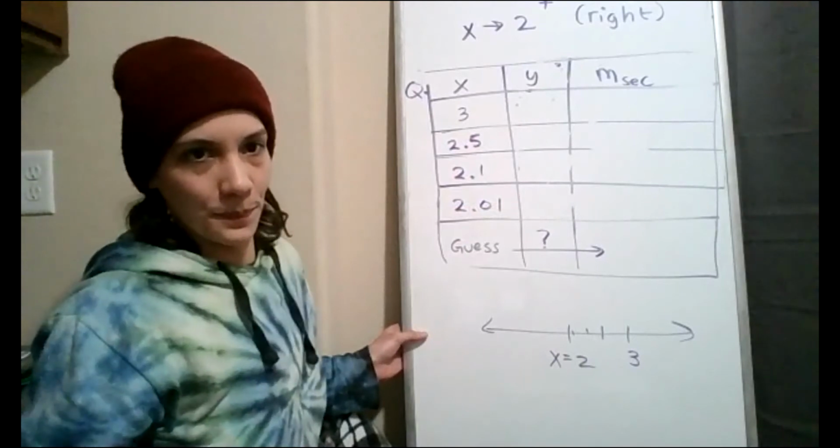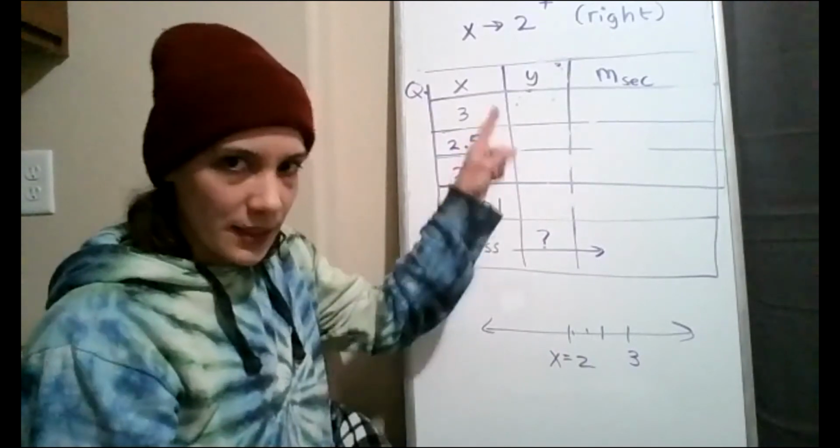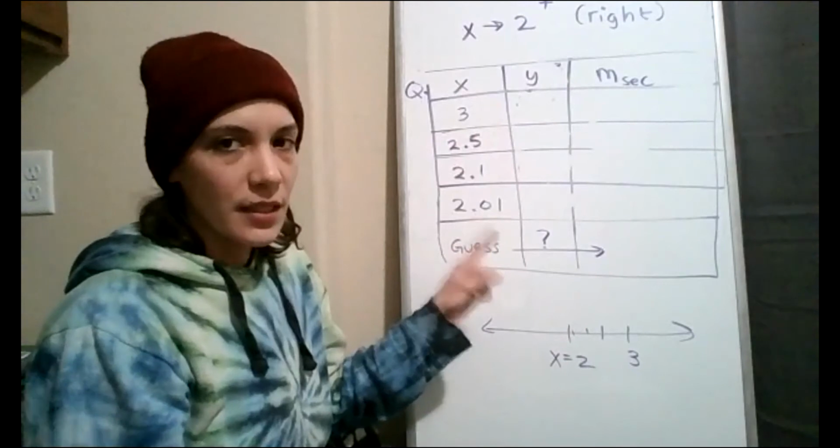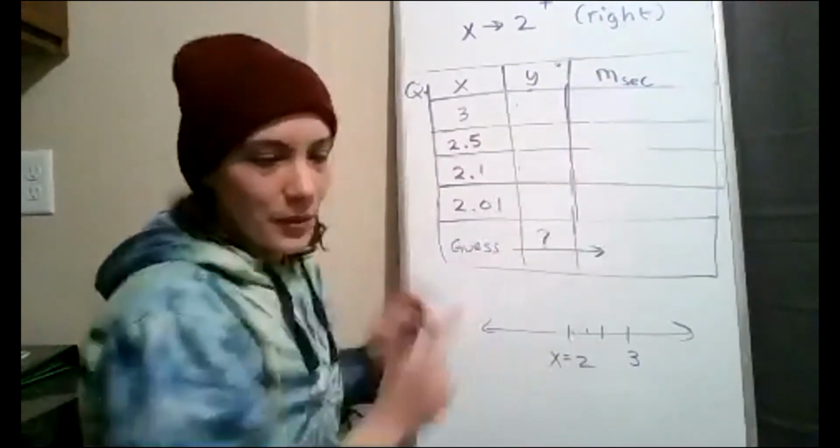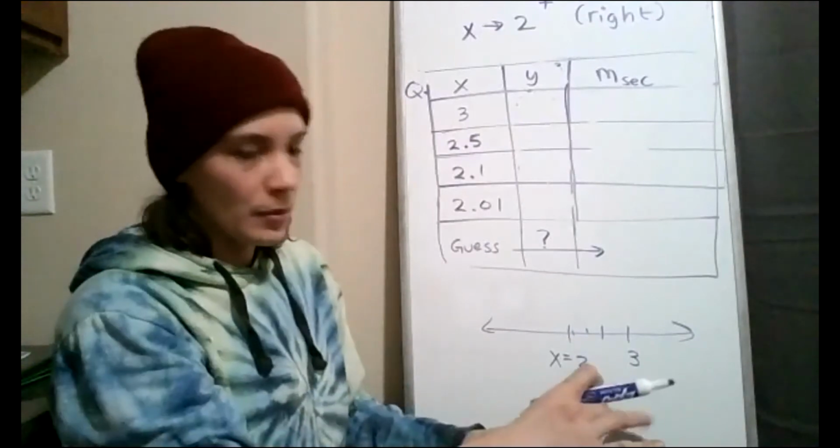Okay, I'll just tell you what I got for my outputs. I double checked them. So first output, 3 cubed is 27.